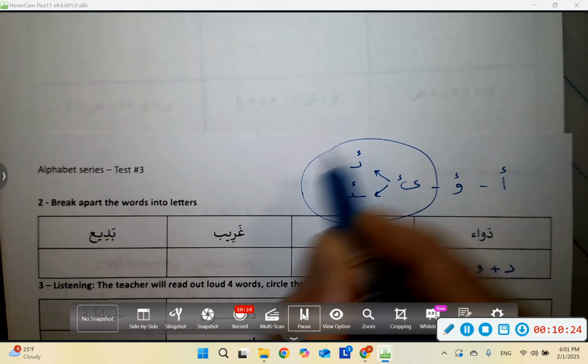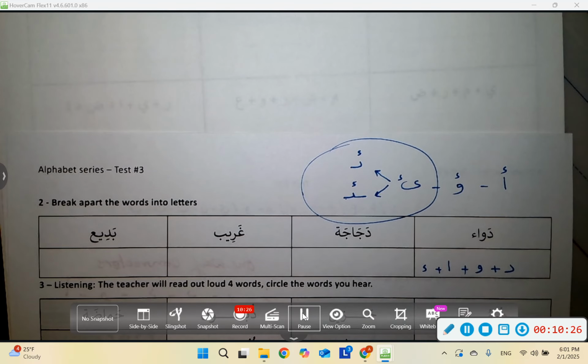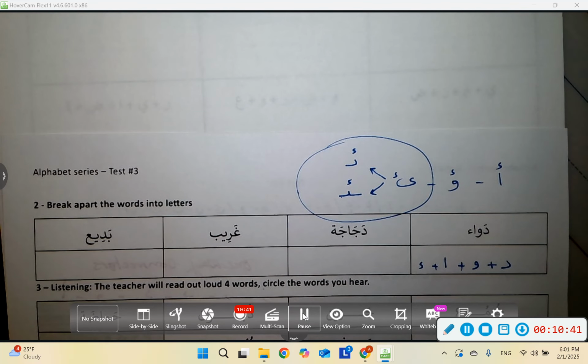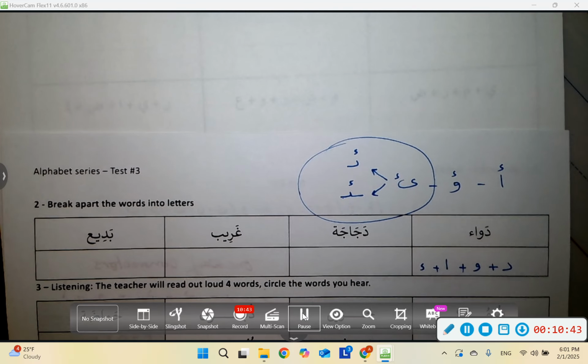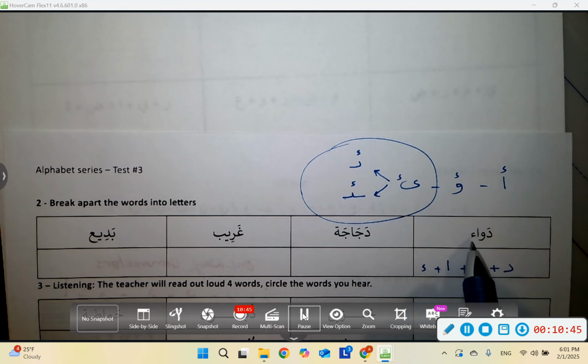All these are hamza ala ya. They're all hamza, they're just written in a different way. And we're going to study that when we finish all the alphabet. For now, you just need to know that if you see hamza alone, not over alif, then that's okay. It's not a mistake.